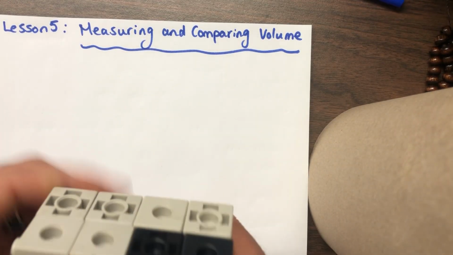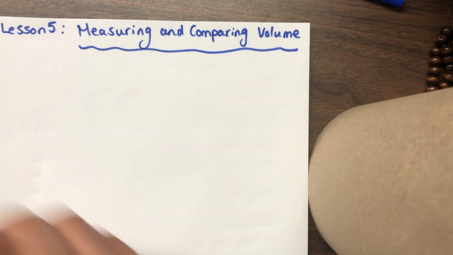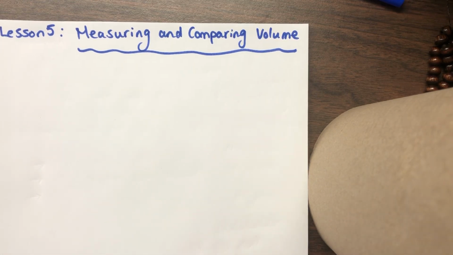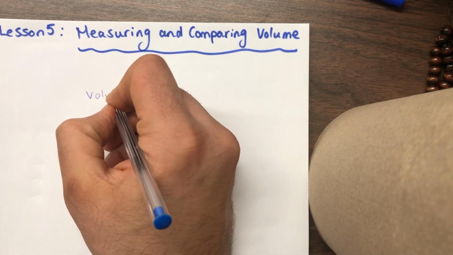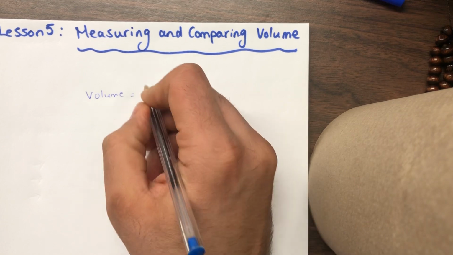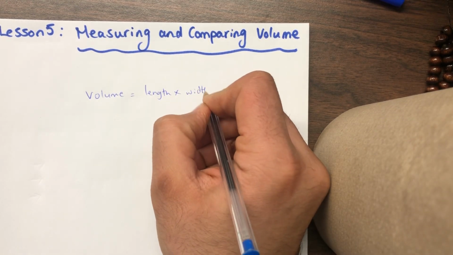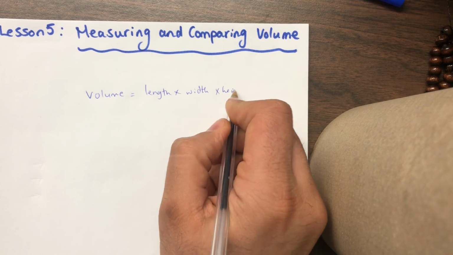The volume itself does have a formula. It's something extra I want to give you so that you have an idea of what it actually is. Volume is equal to length times width times height.